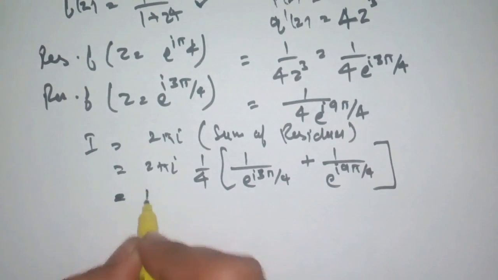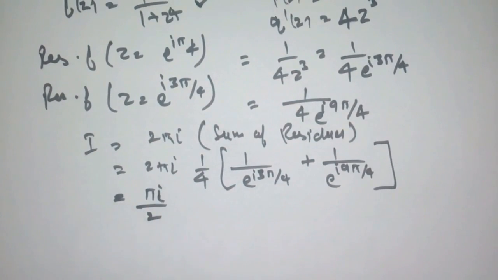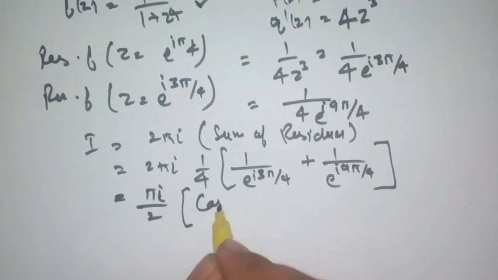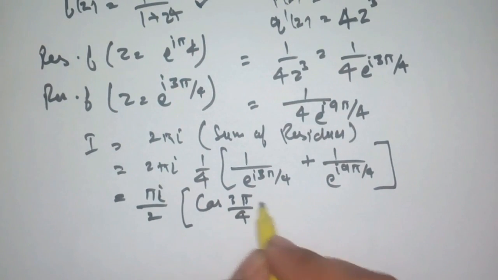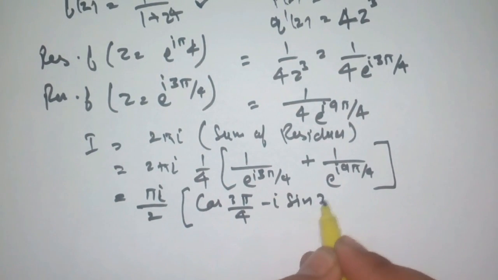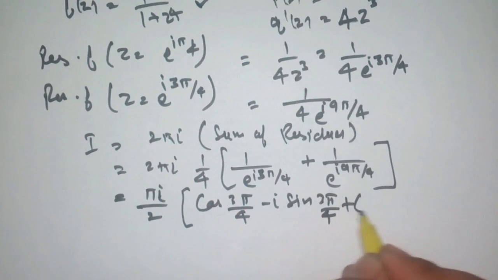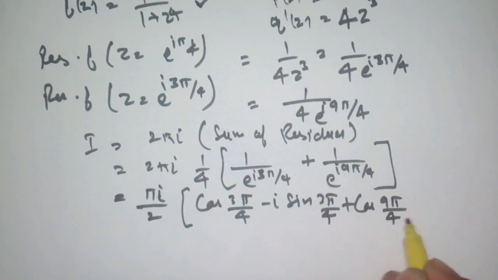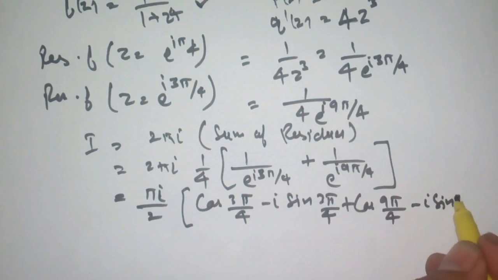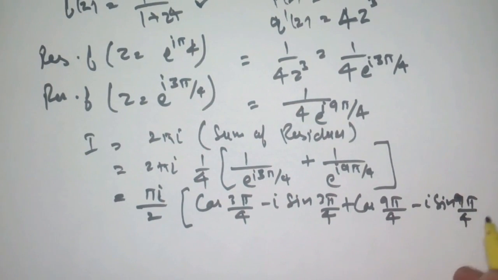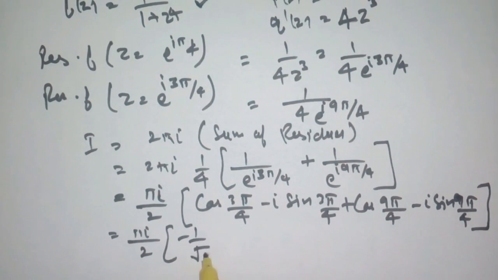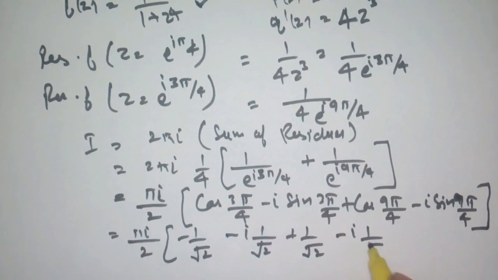which can be written as pi iota upon 2 times (cos 3 pi upon 4 minus iota sin 3 pi upon 4 plus cos 9 pi upon 4 minus iota sin 9 pi upon 4), which will become pi iota upon 2 times (minus 1 upon root 2 minus iota 1 upon root 2 plus 1 upon root 2 minus iota 1 upon root 2).